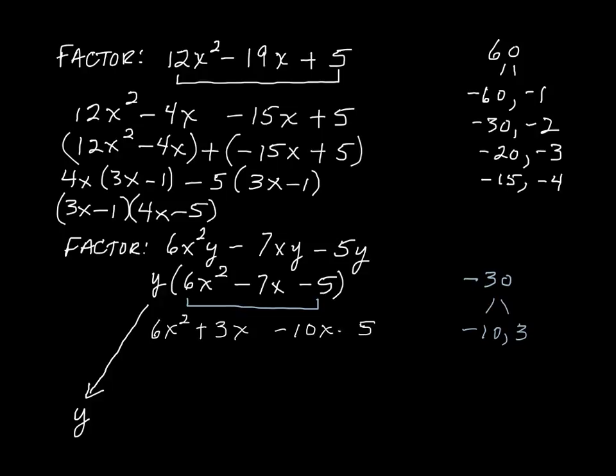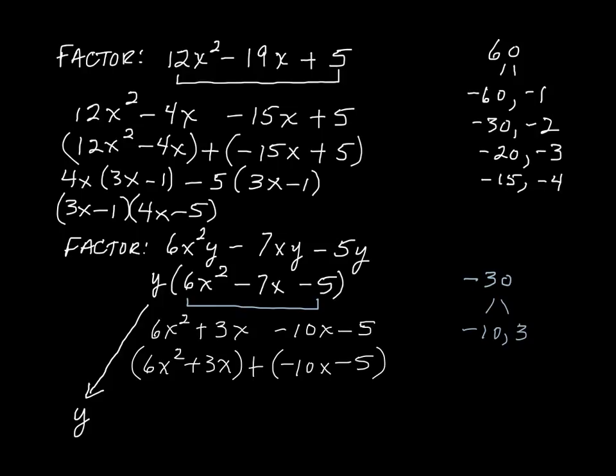You didn't have to do it that way. You could have put the negative 10x first. Okay, so I'm going to write them now and group them. 6x squared plus 3x grouped together plus negative 10x minus 5 grouped together.